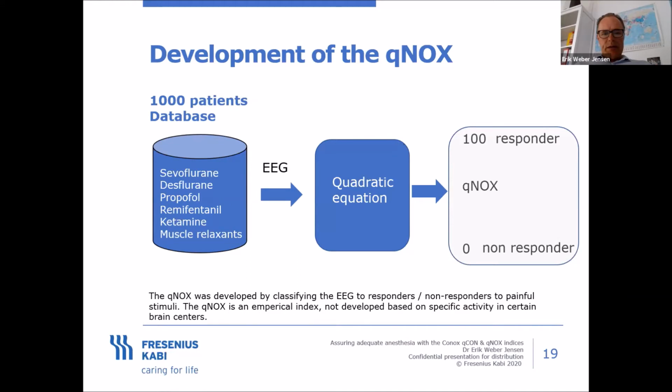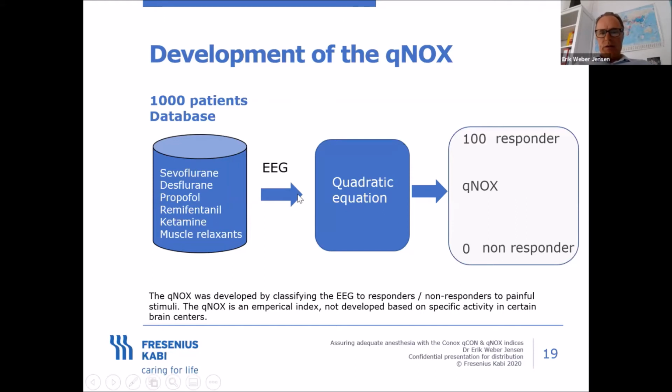The qNOX was then developed by classifying the EEG into responders versus non-responders to painful stimuli. So this means that the qNOX is an empirical index. It's not developed based on a specific activity in certain brain centers, but as mentioned before, we obviously position electrodes in order to extract a signal from relevant brain centers.